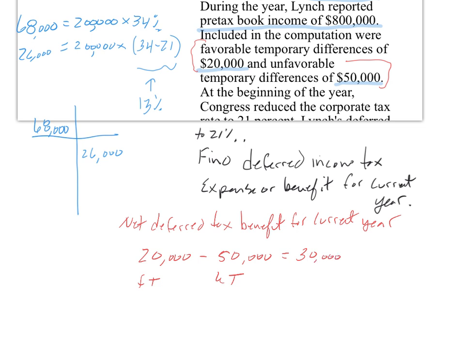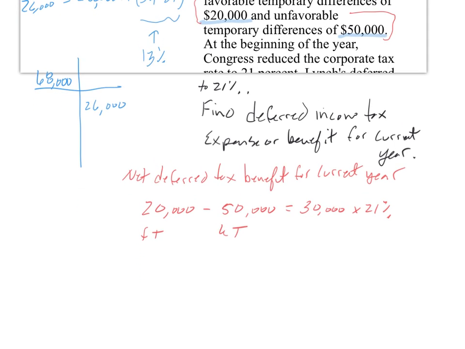But remember, in order to find the deferred tax benefit, we have to multiply that by 21%. And so our current year tax benefit is that 30,000 times 21%.